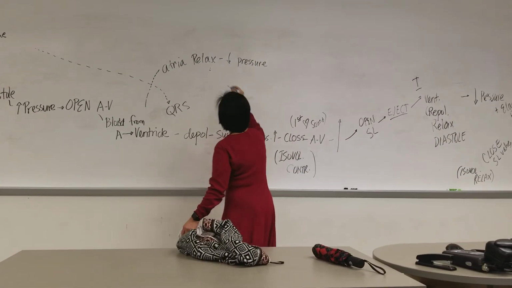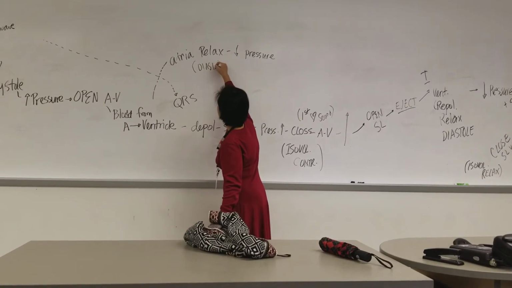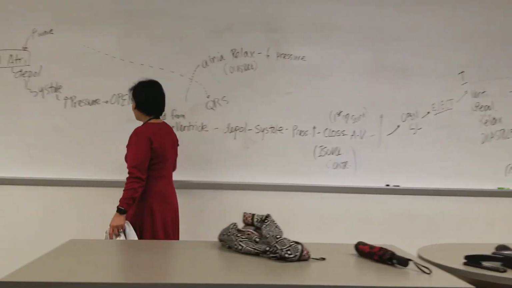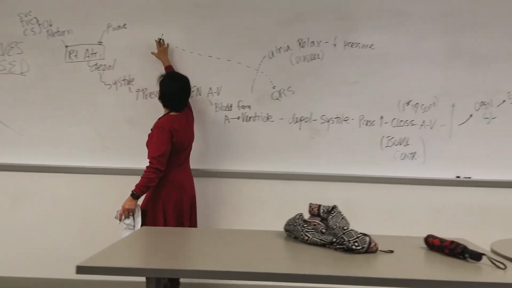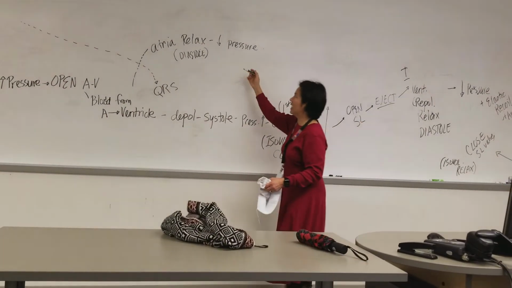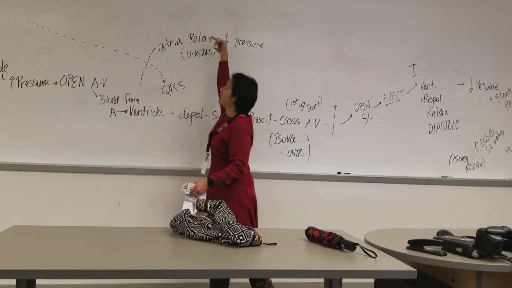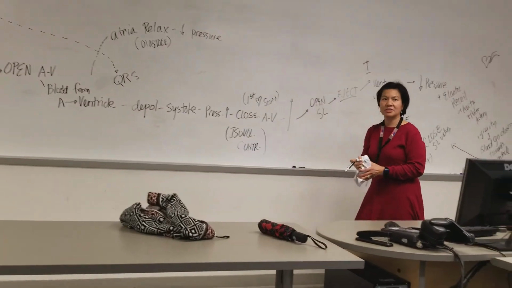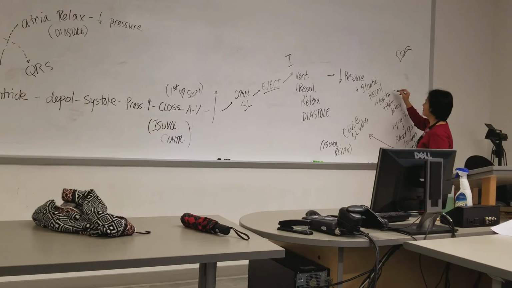Relax means diastole. Atrial diastole. So that by the time another P wave happens, it's ready again. It receives the blood. So when it's in diastole, it's going to receive blood again from the superior and inferior vena cava, coronary sinus, right?